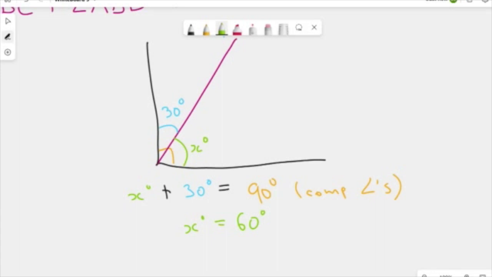So these are the first two angle relationships we're going to be dealing with: complementary and supplementary. And you'll probably have questions in your exercise book, which can get more complex for sure.